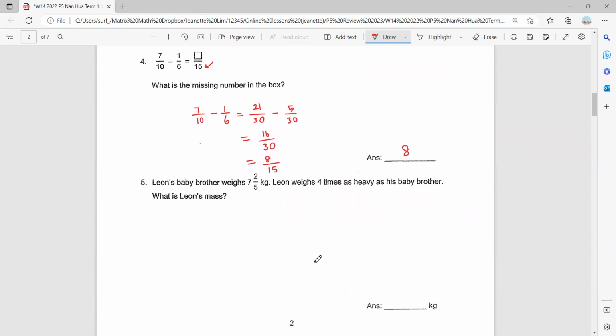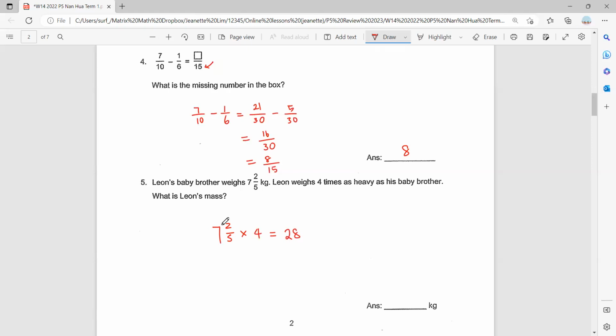Question 5. Leon's baby brother weighs 7 2/5 kg. Leon weighs 4 times as heavy as his baby brother. What is Leon's mass? We have to times 4 because it's 4 times. I times 4 to the whole number, so I get 28.